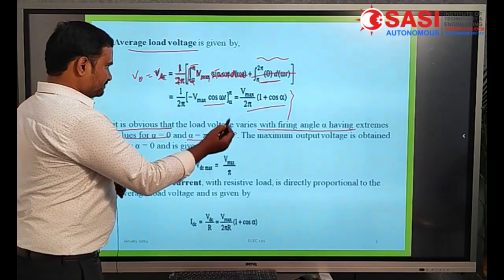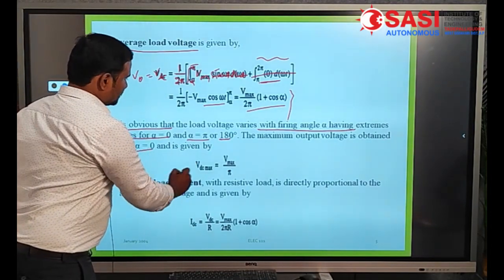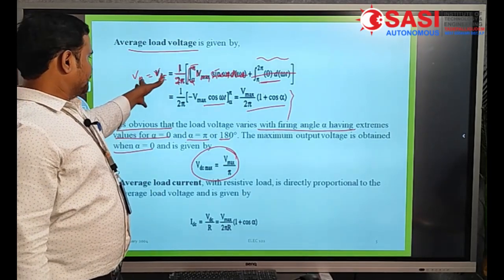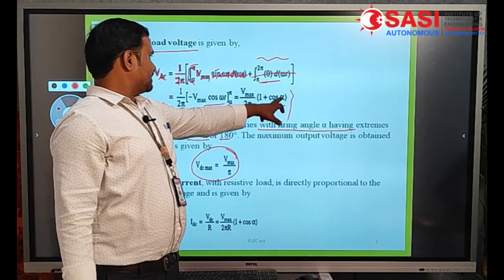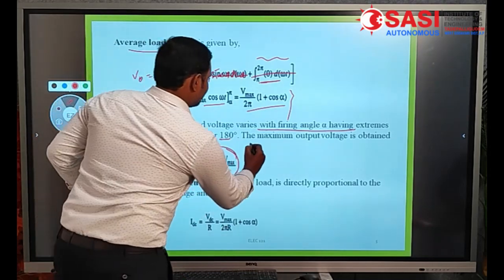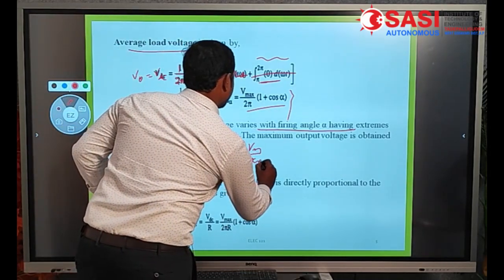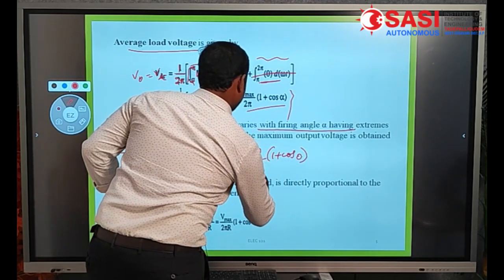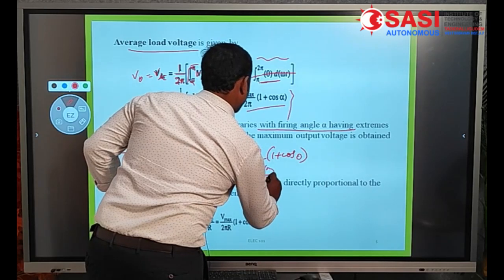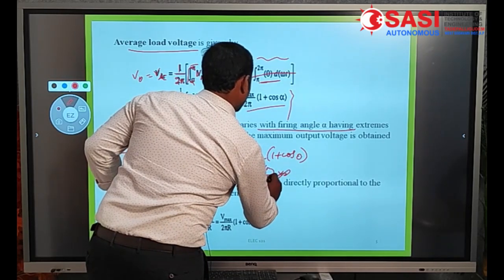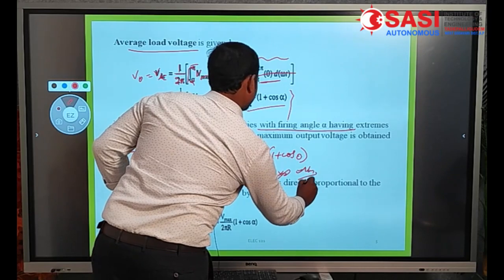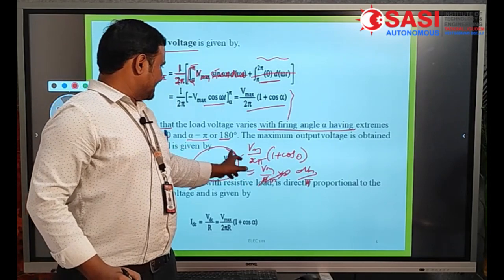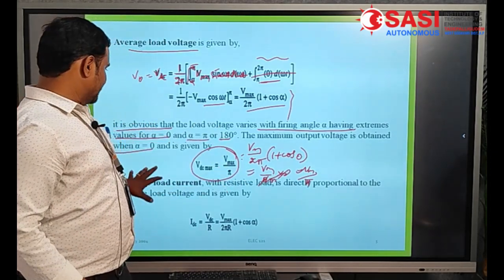So at alpha equal to 0 we get the maximum V naught, that means VDC. Vm by 2 pi, 1 plus cos 0, so you will get Vm by 2 pi into 2, that is Vm by pi in the output, the maximum voltage.